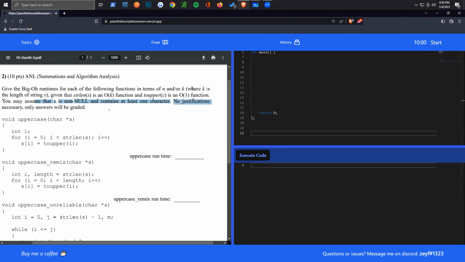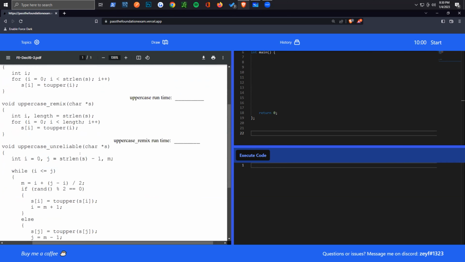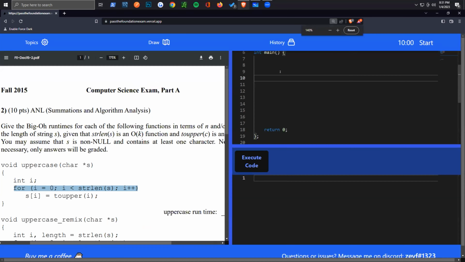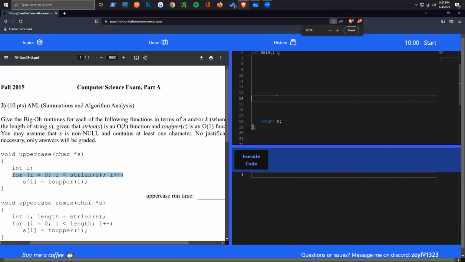So let's figure out what the runtime is for the first example. It's a function, you're passing a string, just like all these other problems. And there's a for loop, right? So there's a for loop, and it's going to be based on whatever the length of the string is. So we know that for sure the length of the string is going to be k.